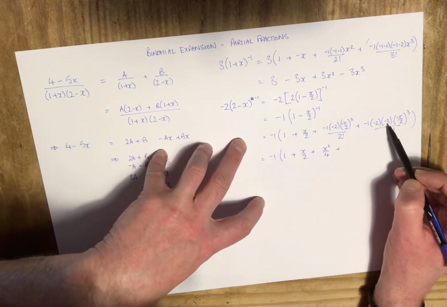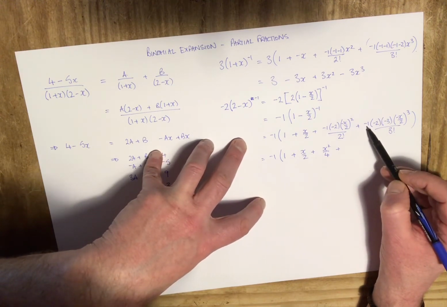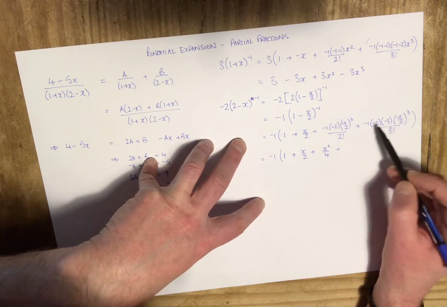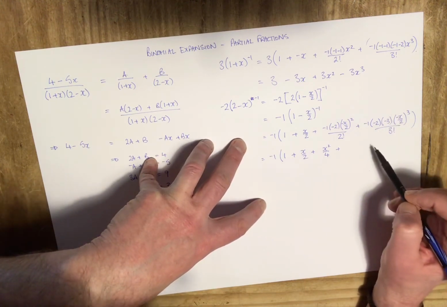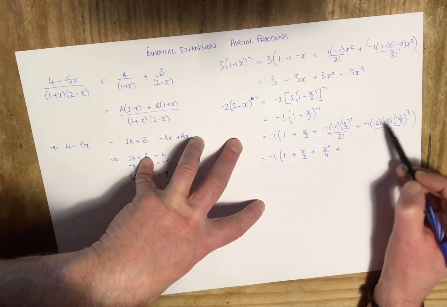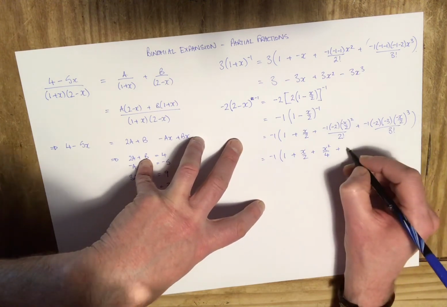Minus 2 times minus 3 is positive 6, times 1 is minus 1 is negative 6. This is going to be negative because it's minus x cubed, so a negative times a negative would make a positive. 2 cubed is 8. So 6 over 8 divided by 6, which is an eighth.